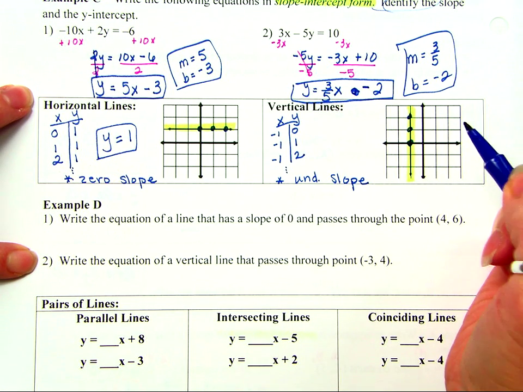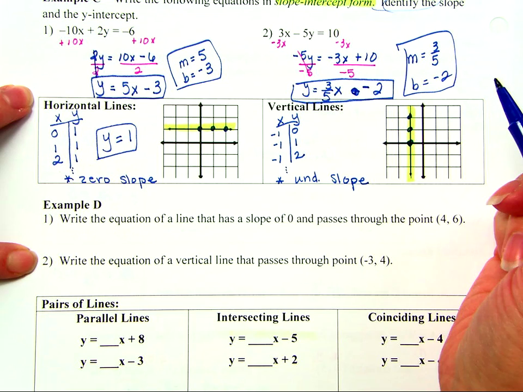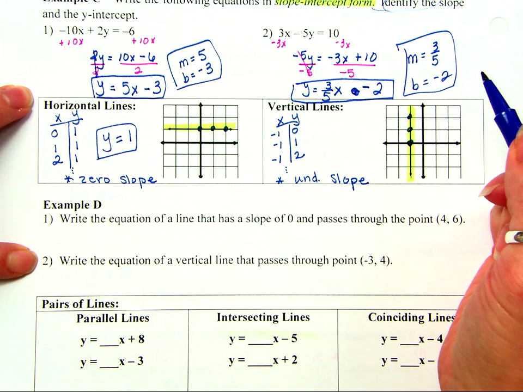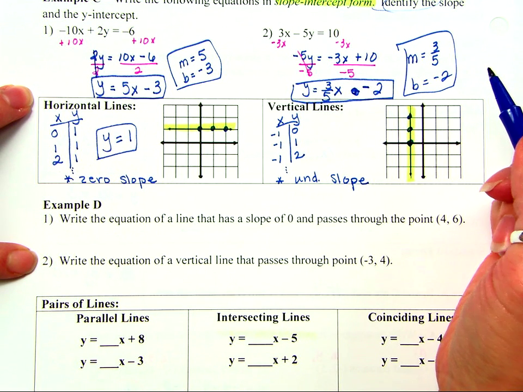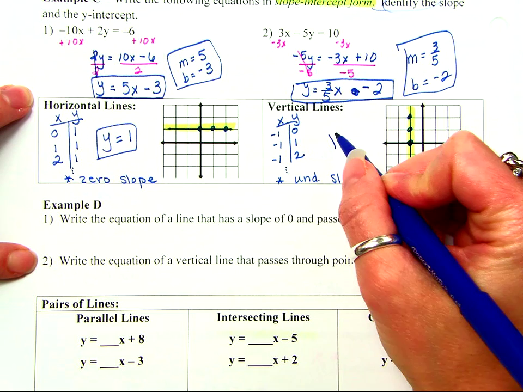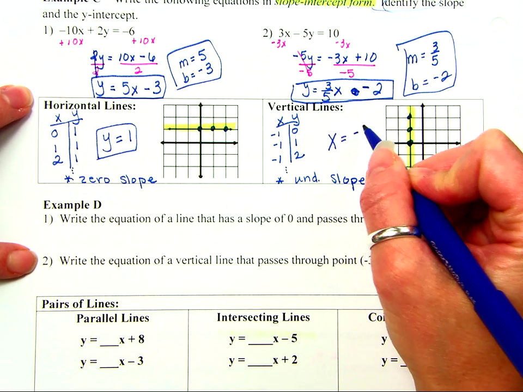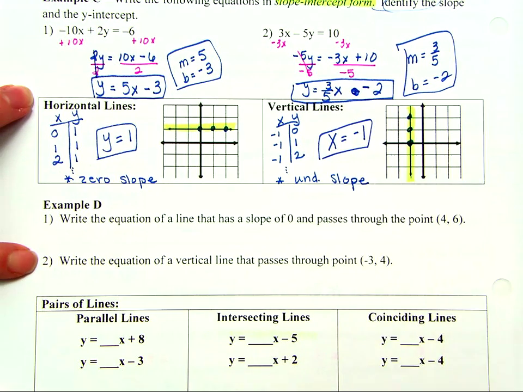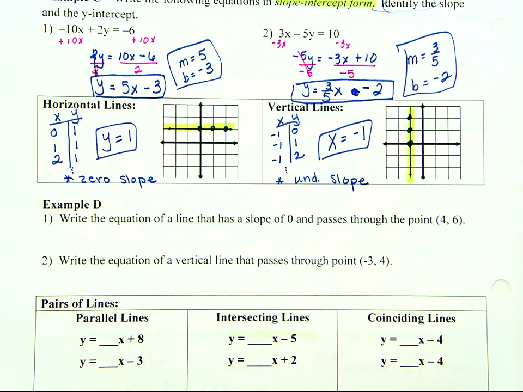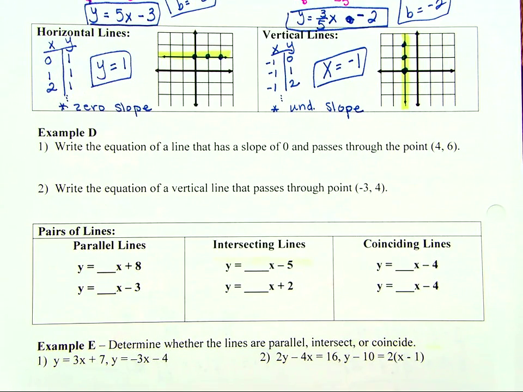No matter what, my x value is going to have to be negative 1. I am always going to be 1 unit left of the y-axis. So the equation here is simply going to be x equals negative 1.